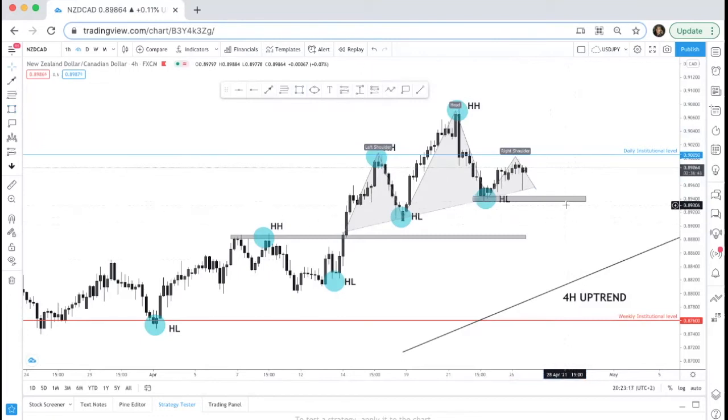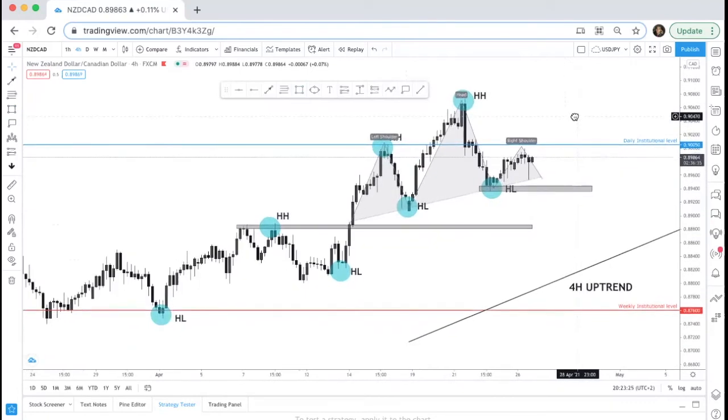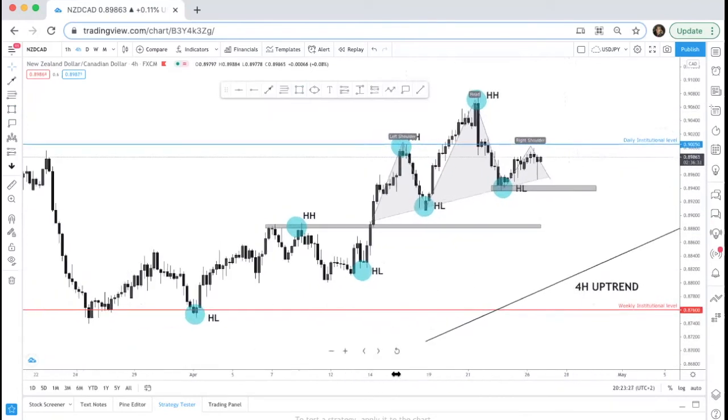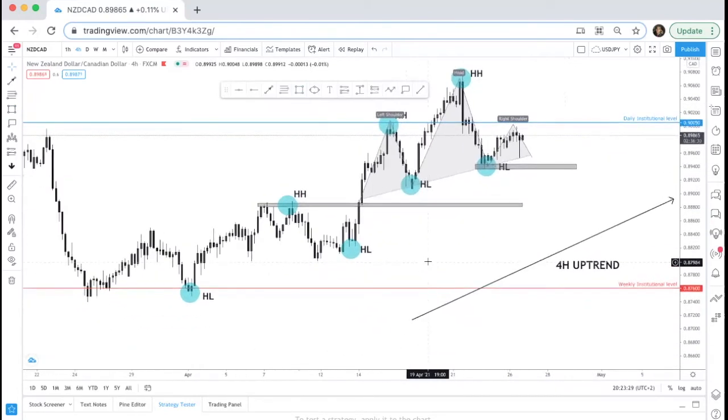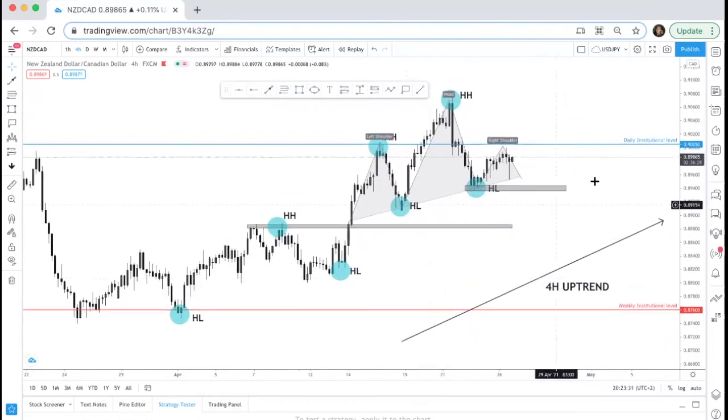However, if we can get bullish momentum breaking those highs over there, I'll be looking for buys to the upside once again. So at this point in time, I am waiting it out to see what the market does, because we are below my daily level right here. I'm hoping we can get a head and shoulders pattern so we can do the reversal back down to our weekly zone right over here.